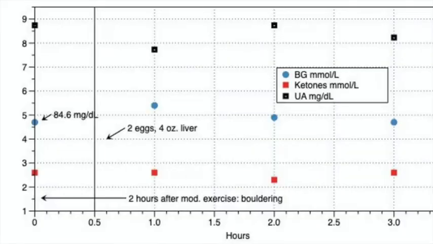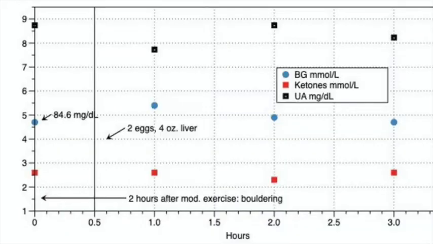Okay, this slide is a little more complicated because I've got the uric acid, the blood glucose, and the ketones all in the same diagram. The zero axis, where I started the experiment, is a point where I had performed exercise 2 hours earlier.